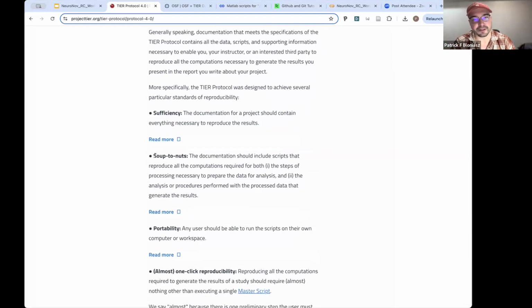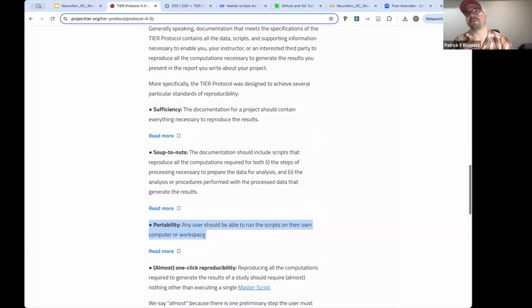This one, I'm going to skip over the soup to nuts one. The portability one is something that I think a lot of more seasoned scientists think is overkill, because they will make the argument that anyone who has training in the field should be able to look at what you do and, with a little effort, understand what you're doing and then recreate it on their own machine. And I'll suggest here that fields are far too complicated and large now for that to be a reasonable assumption.